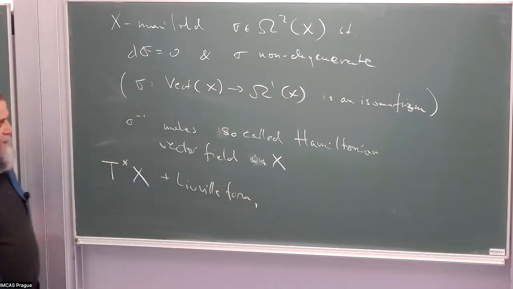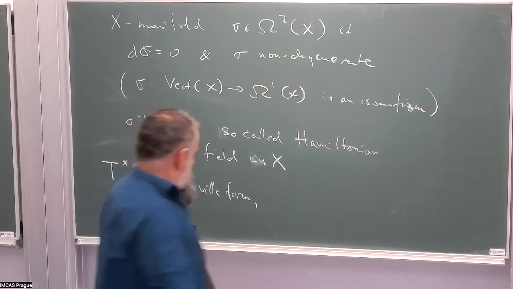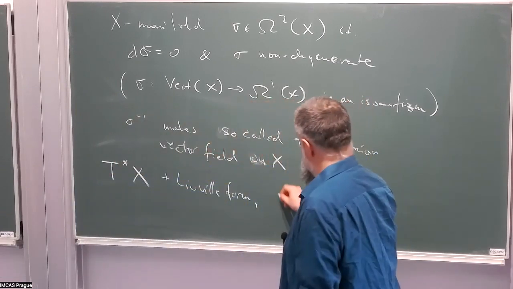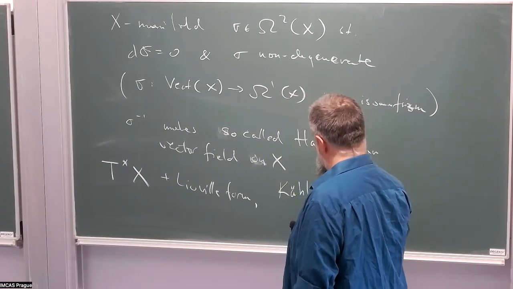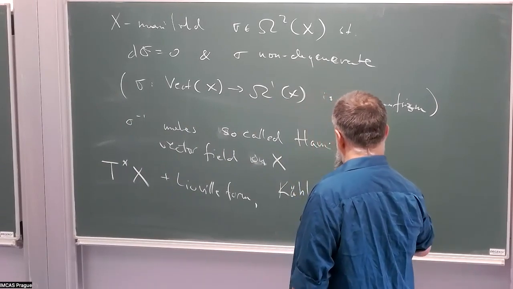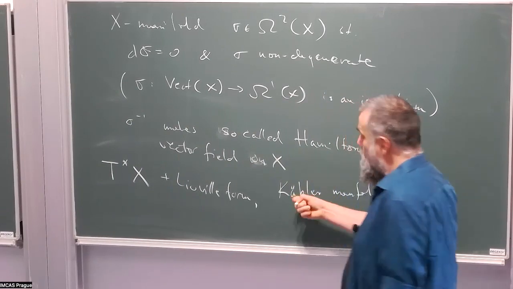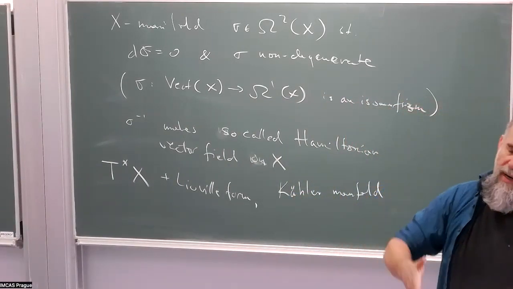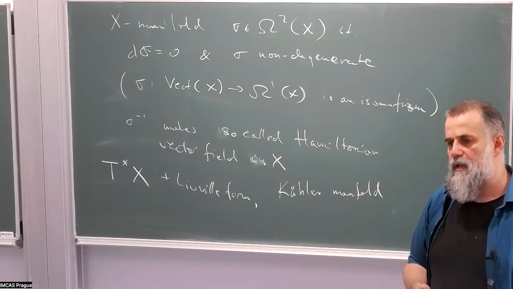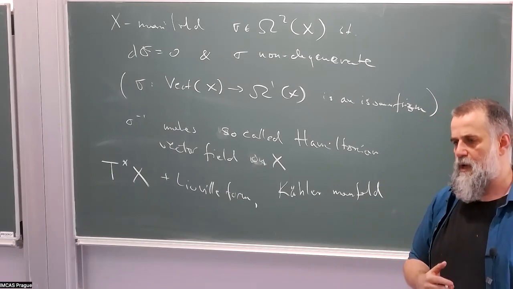The second source are so-called Kähler manifolds. Those are complex manifolds with a metric such that the complex structure is parallel with respect to the Levi-Civita connection.